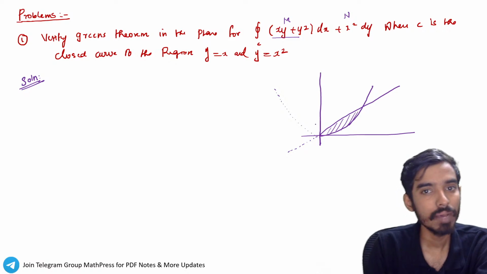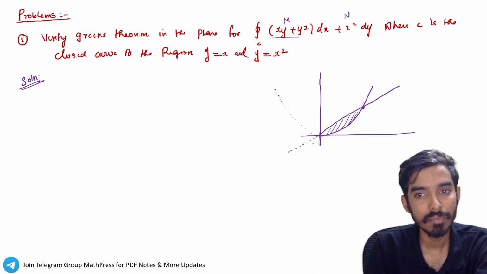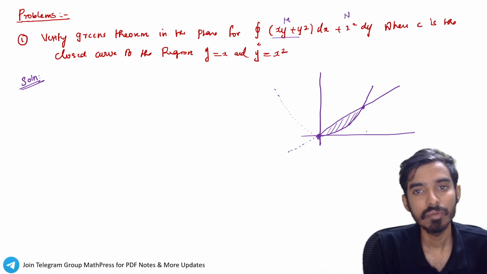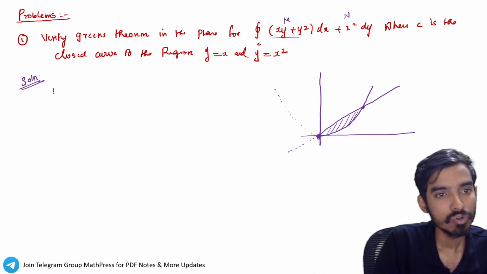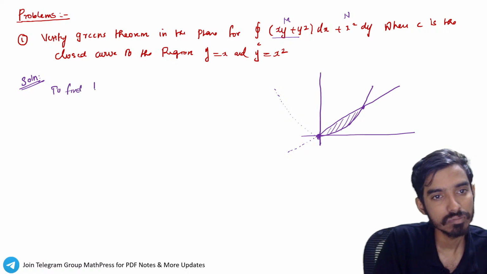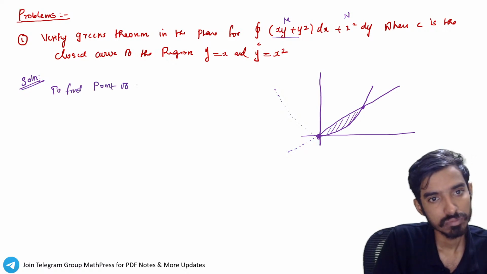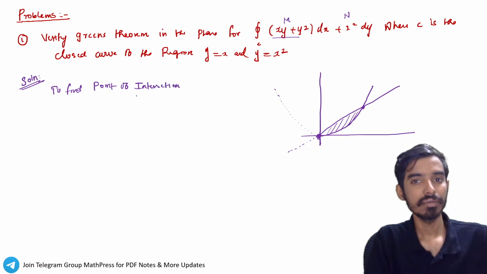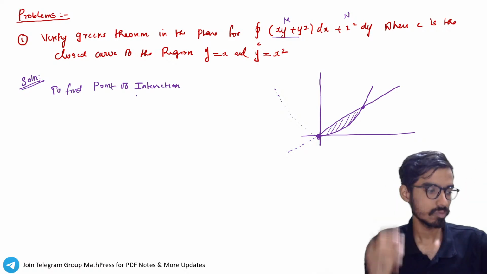Now first we will find the point of intersection, right? What is the point of intersection here? Clearly origin is one point of intersection and the other point will be 1, 1. To find the point of intersection, we have y is equal to x and y is equal to x square.